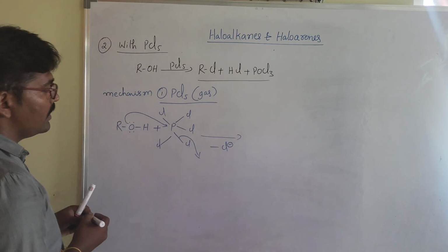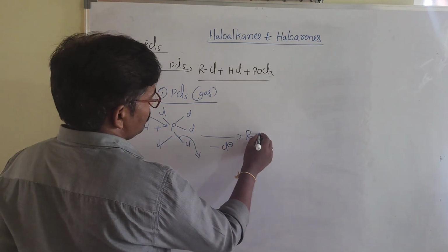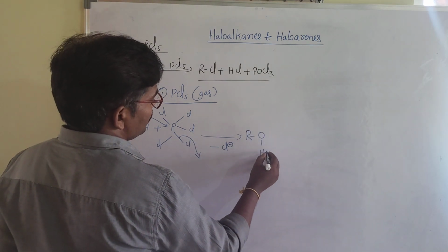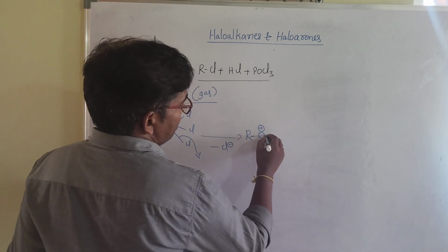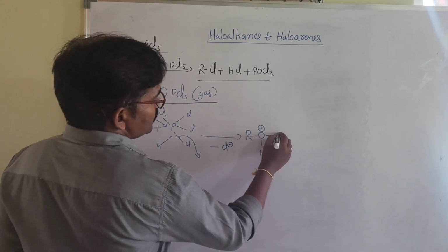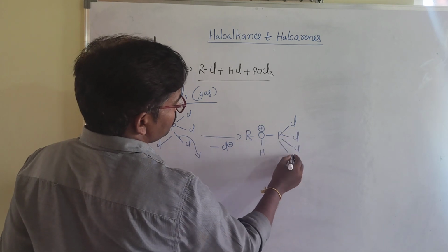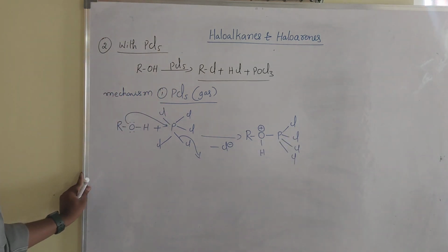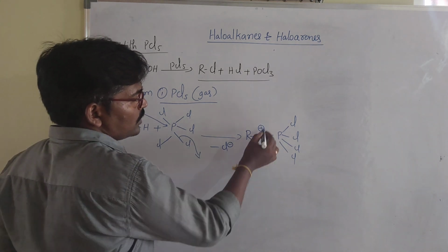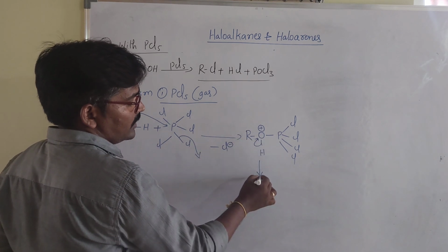Then R bond OH plus phosphorus, attached with 4 chlorine atoms like this. Up to there it has happened like this. Next, observe this lone pair of electrons. To satisfy the lone pair of electrons, the hydrogen atom will be shifted.